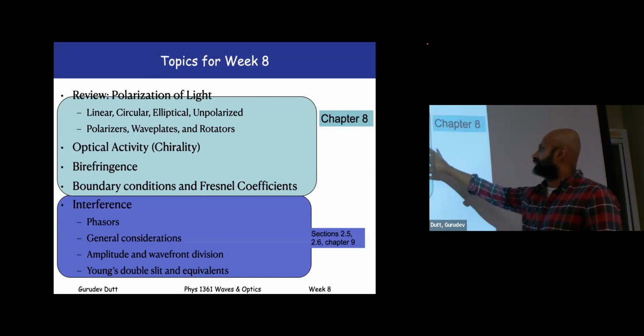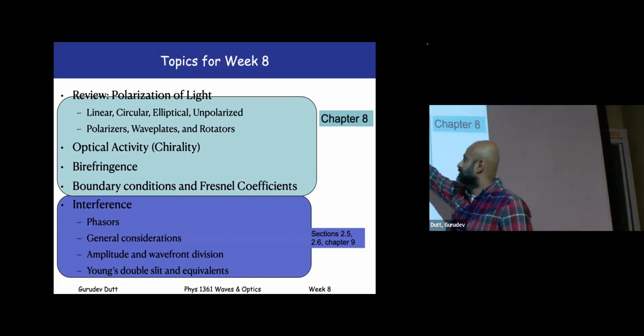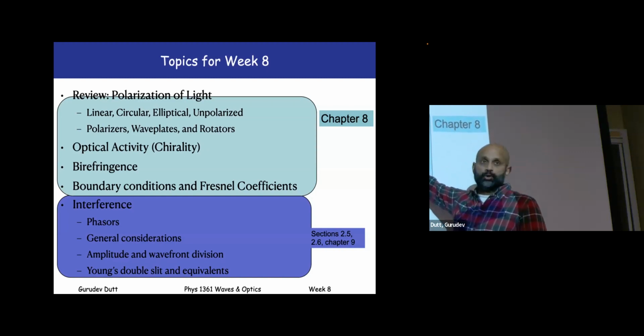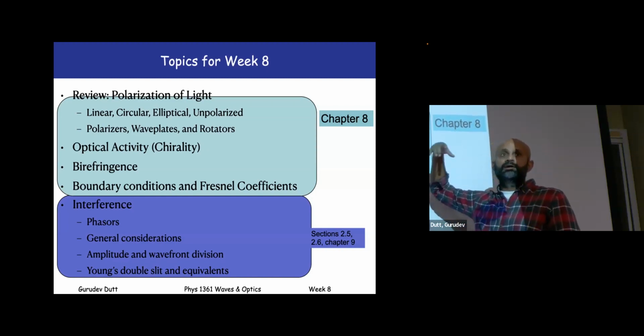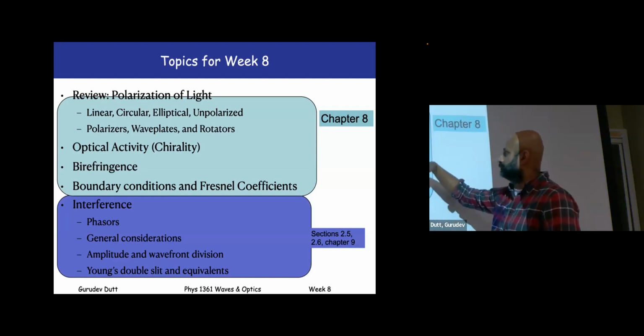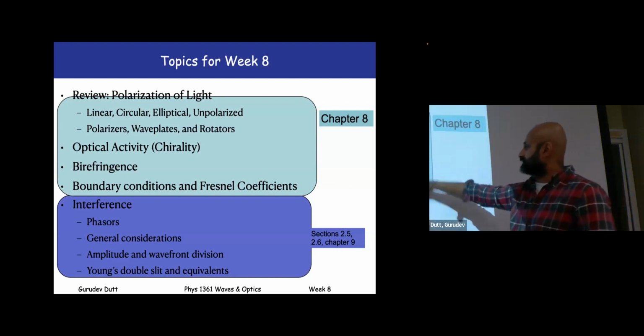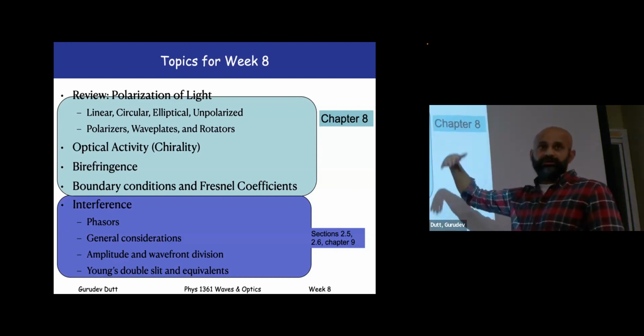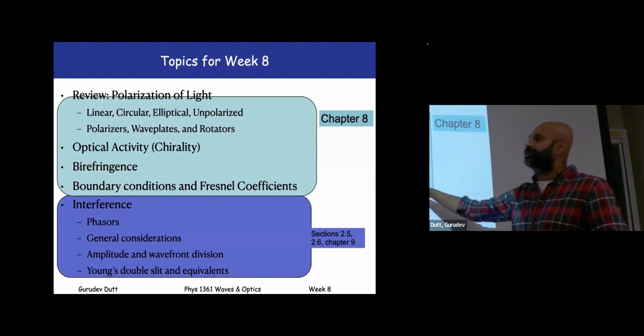So just to summarize again, mostly we will focus in the class on the first aspect and understanding how to use polarizers and wave plates and understand how to predict the polarization state when you go through a wave plate. That's a very critical thing for you to know so that you understand how to use them both in the lab and in problems that you'll be doing. And as I said, these other things are supplementary things that you should see at least once, probably in an optics class.